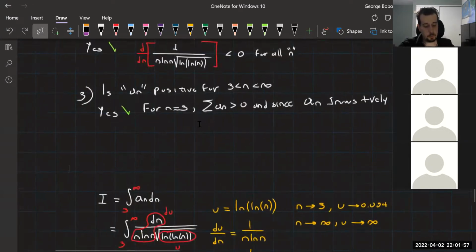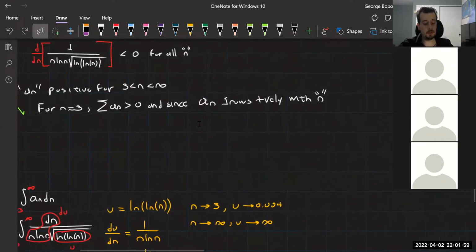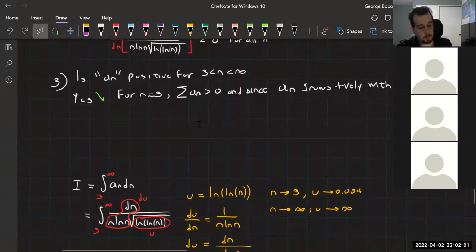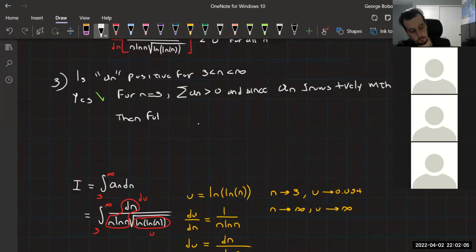So again, for n equals 3, the series is greater than 0. And since a_n grows positively with n, then for n greater than 3, the series will remain positive.